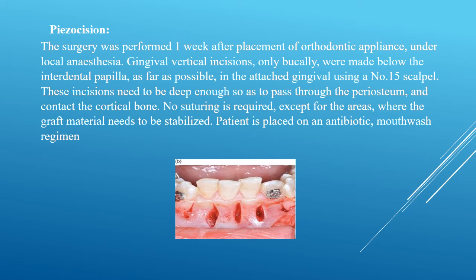No suturing is required except for the areas where the graft material needs to be stabilized. Patient is placed on an antibiotic mouthwash regime. The advantage of this biosession is minimally invasive, better patient acceptance. The only disadvantage is the risk of root damage.